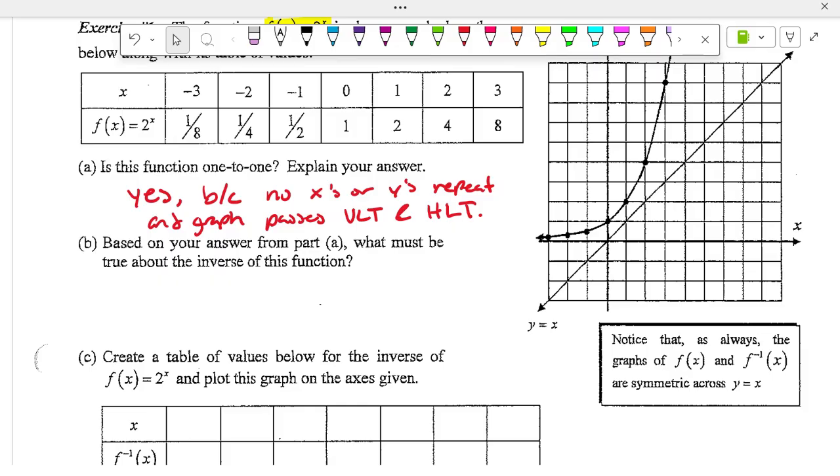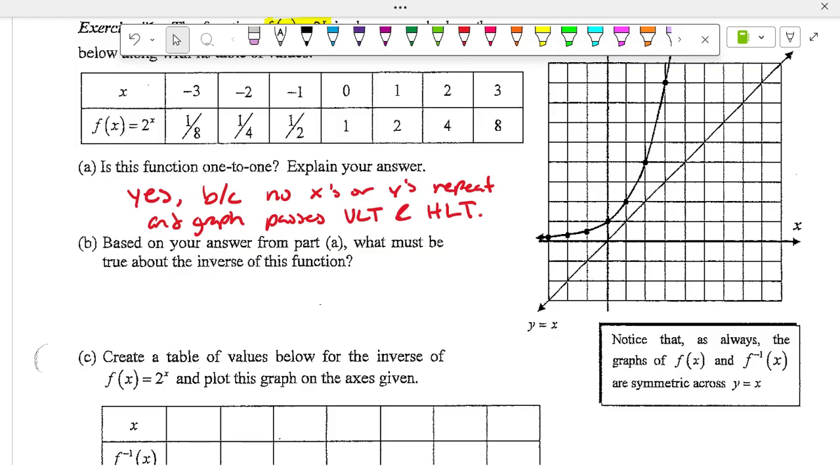Because remember, what's the main thing that has to happen for something to be considered a function? Not one-to-one, but just a function. What has to happen, or in other words, what can't happen? Not the y values. Y values only come into play with one-to-one.